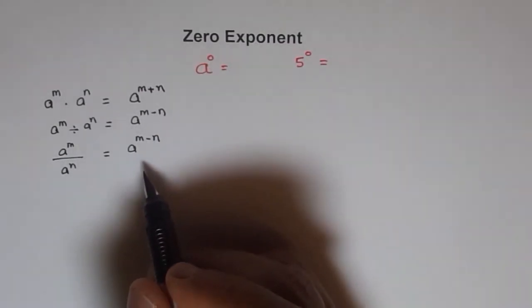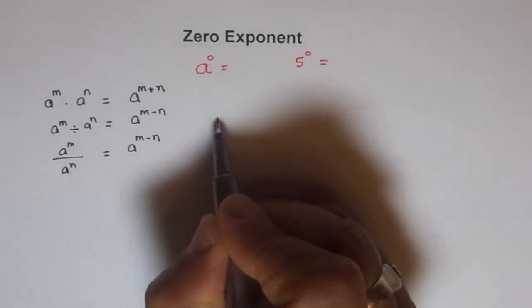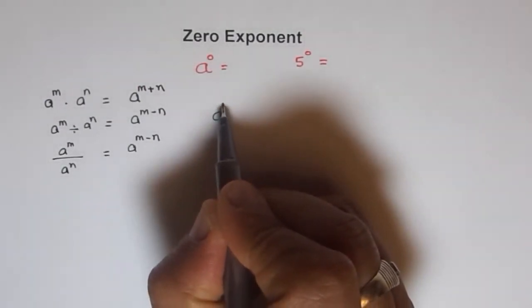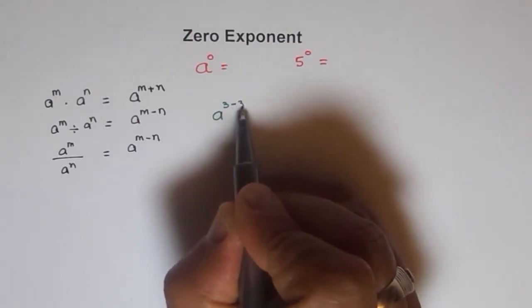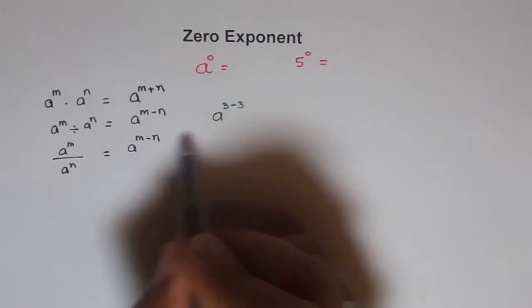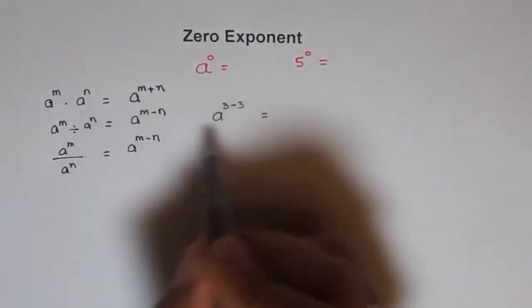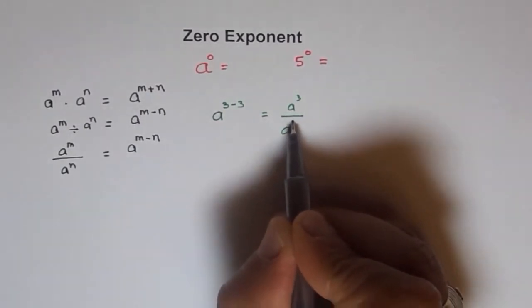So let's take some examples. Let's say we have a to the power of 3 minus 3. So 3 minus 3 is 0. So a to the power of 3 minus 3 means what? It means a to the power of 3 divided by a to the power of 3.